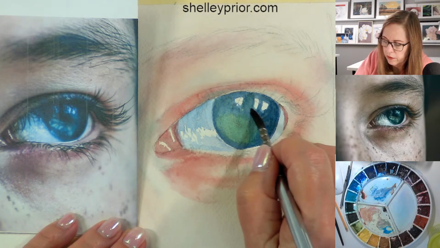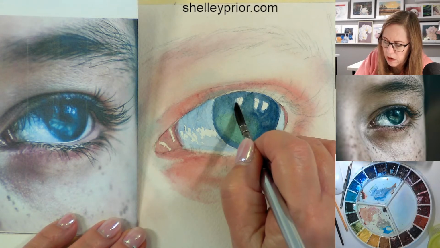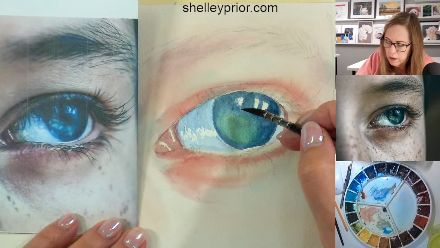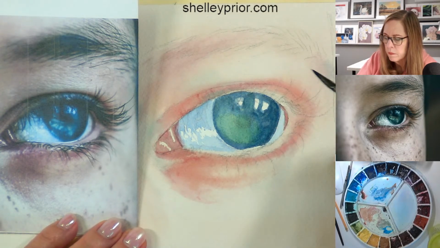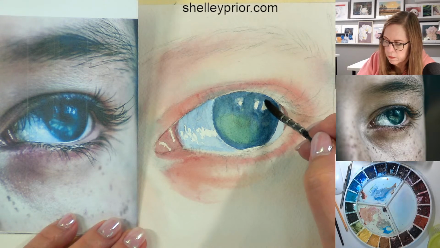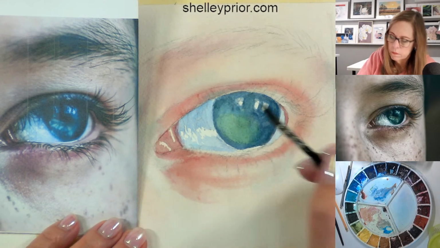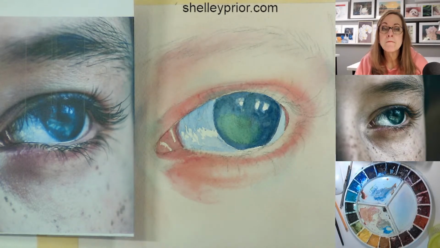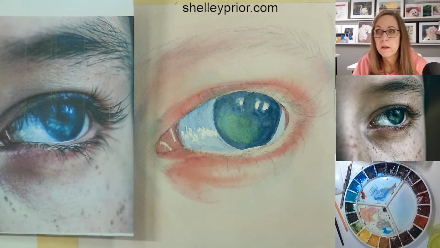As long as I get everything wet again. It was fresh enough paint that I was able to do that without a lot of difficulty. Okay, so as a first layer, I've got the general color in the general places.